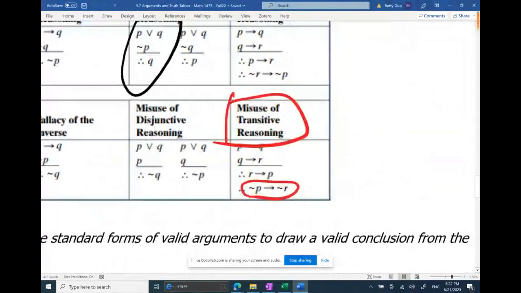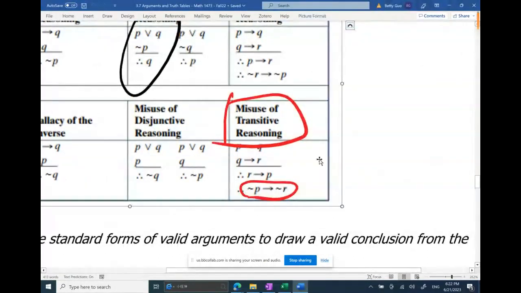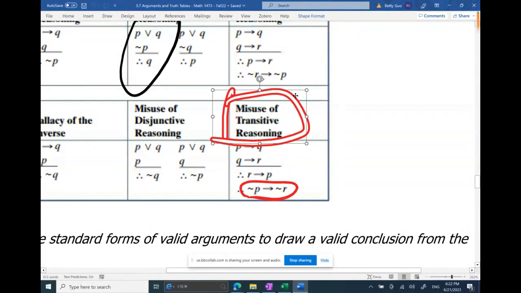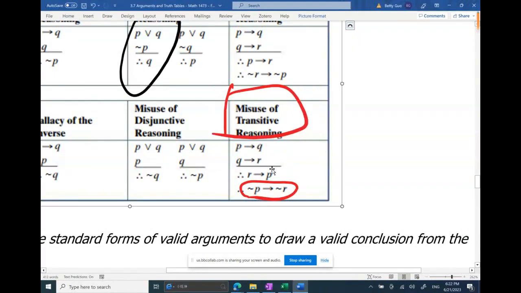Right here, yeah, misuse. So P implies R. Let me move this a little bit. P implies Q, Q implies R does not give us R implies P. This is the misuse of transitive reasoning.